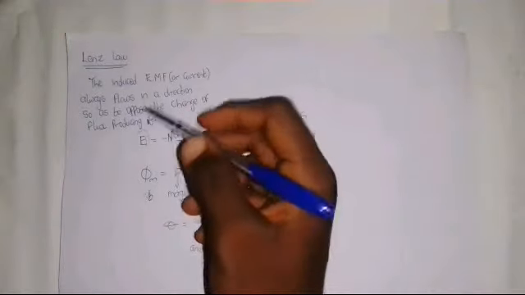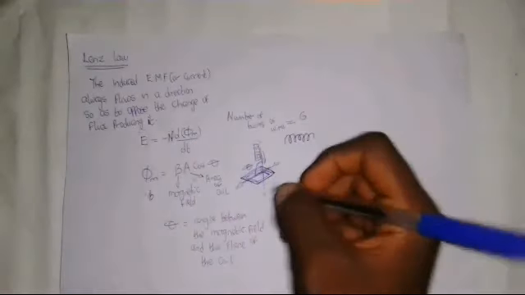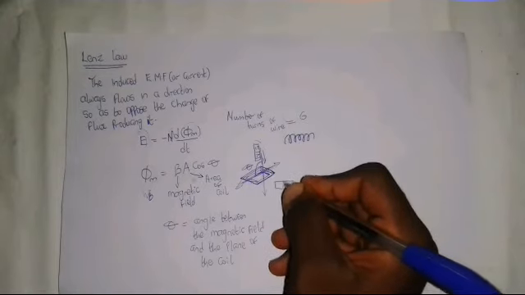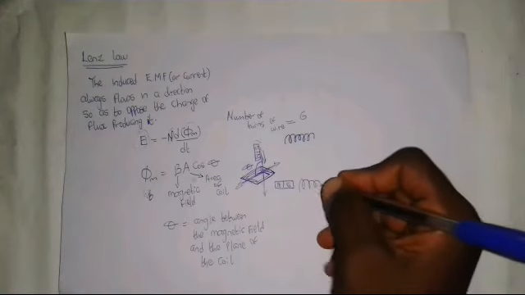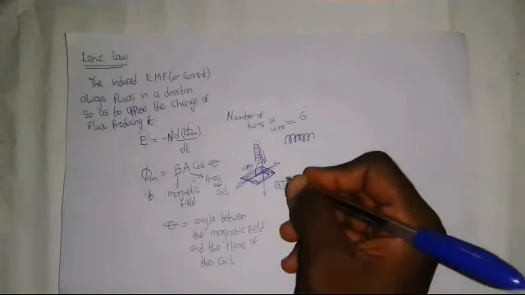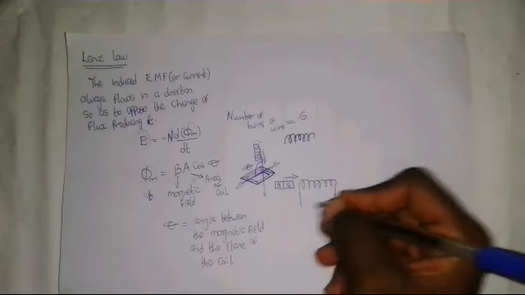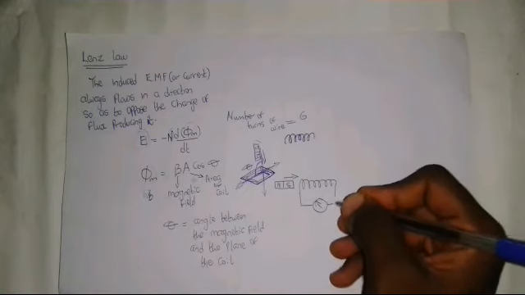Now it says the induced EMF also flows in a direction so as to oppose the change, which means that if the magnet is coming like this, the north and then the south, into the solenoid, normally the current is supposed to flow as indicated by the galvanometer.